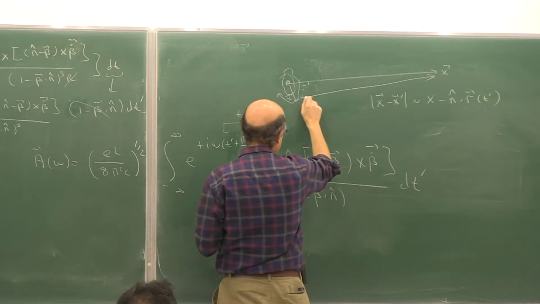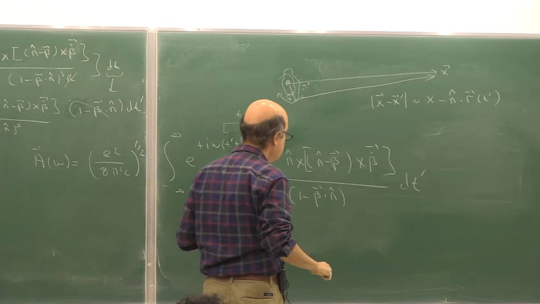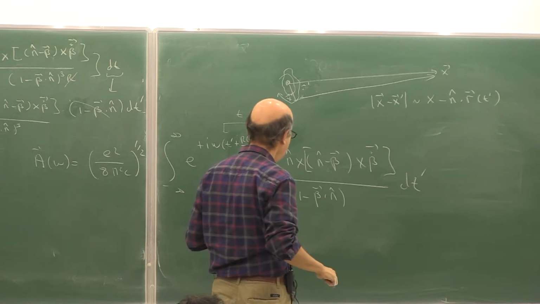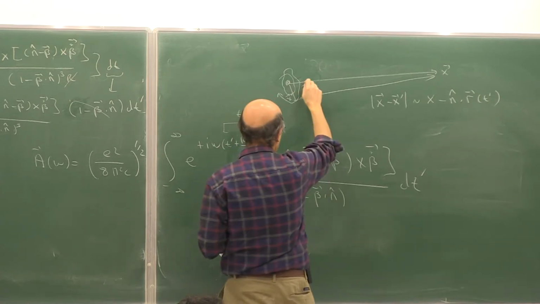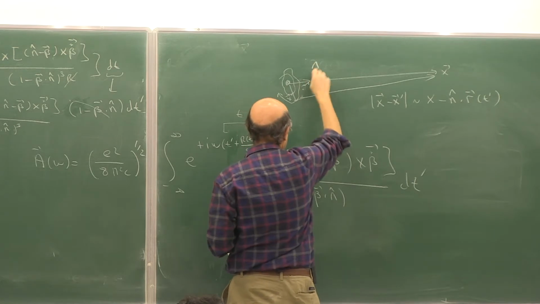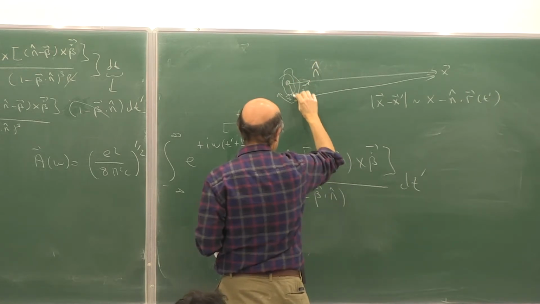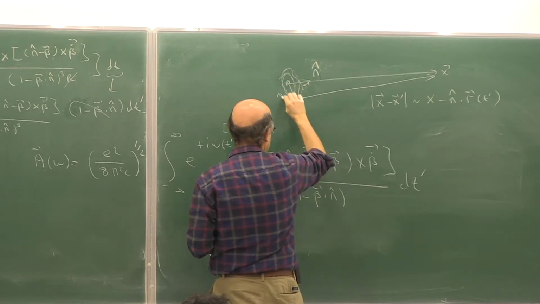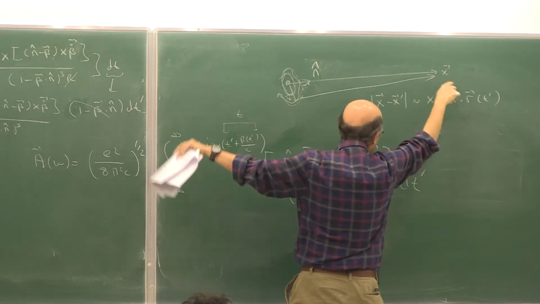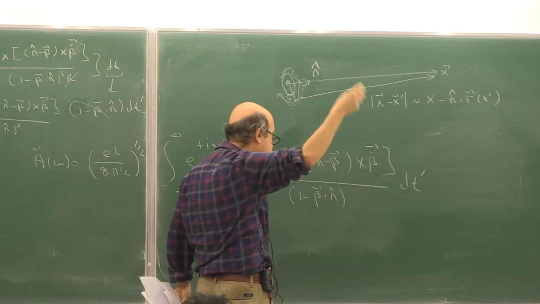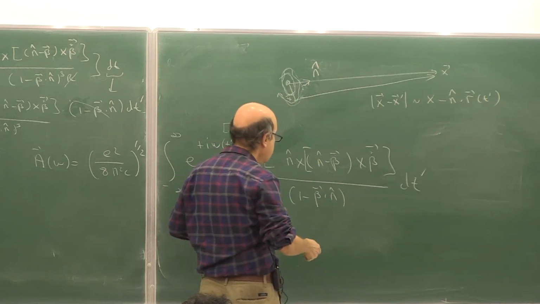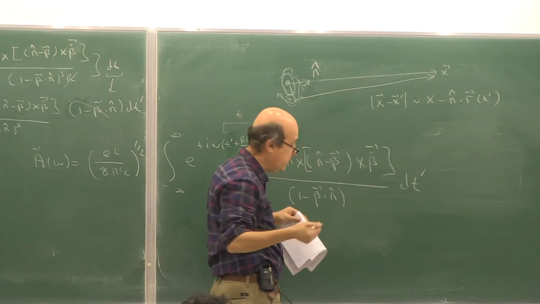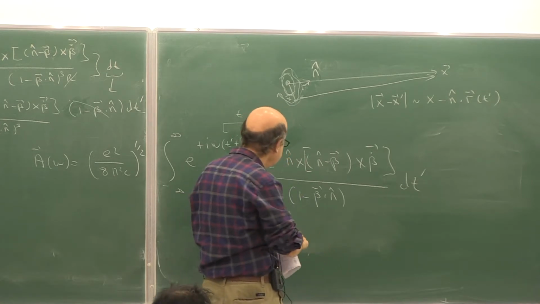N is the location of the point of interest, n hat, and r of t prime is the location of the charge. So suppose that the charge is moving around somewhere, localized, and if you are looking at the charge's radiation at very far field, you can do the same tricks we did in the radiation far field zone.